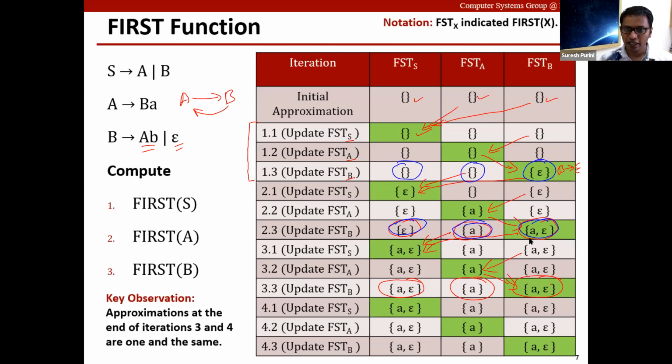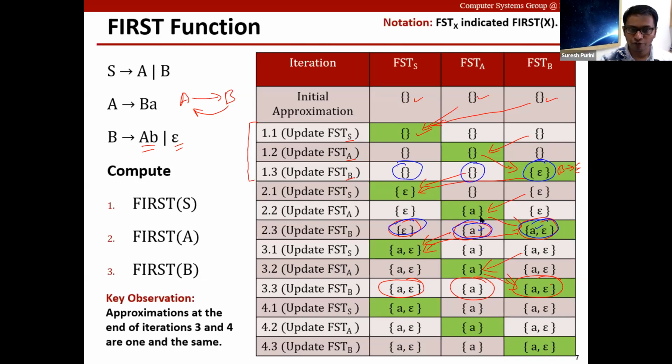As you can see, there is an improvement in the estimate for all 3 non-terminal symbols. For the start symbol S, the new symbol that is included is epsilon. For the non-terminal symbol A, the new symbol that is included is A. And similarly for the non-terminal symbol B, the new symbol that is included is A.